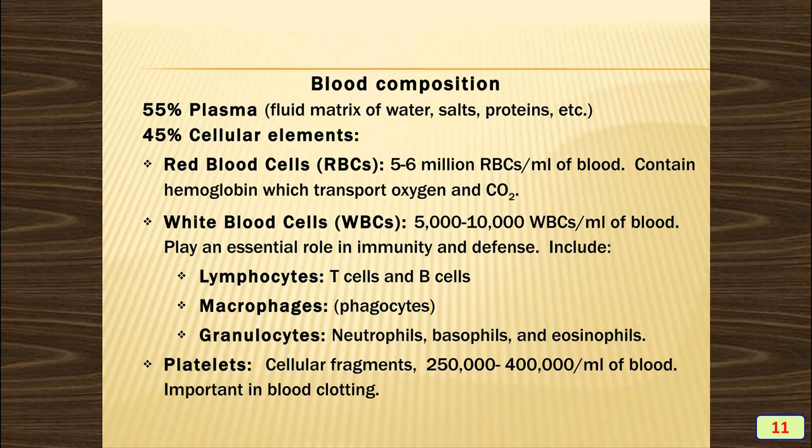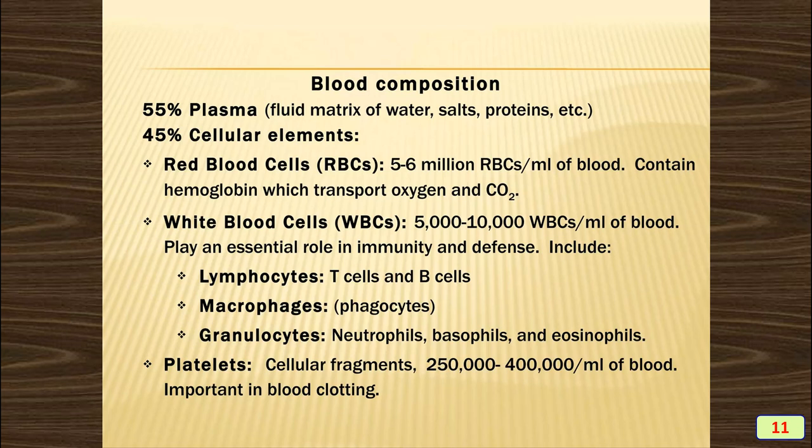RBCs in human beings are about 5 to 6 million per ml of blood, with hemoglobin, which transports oxygen and carbon dioxide. While 5,000 to 10,000 WBCs per ml of blood will be present, the RBCs are very high, 5 to 6 million.